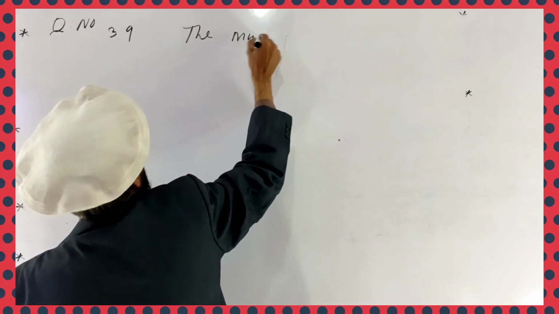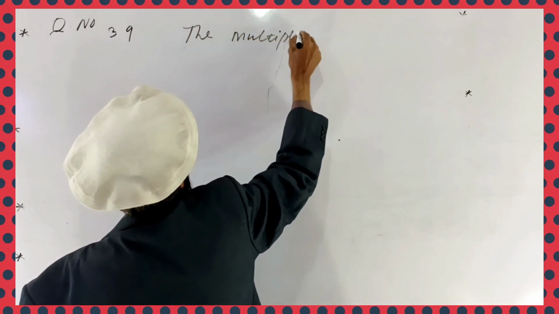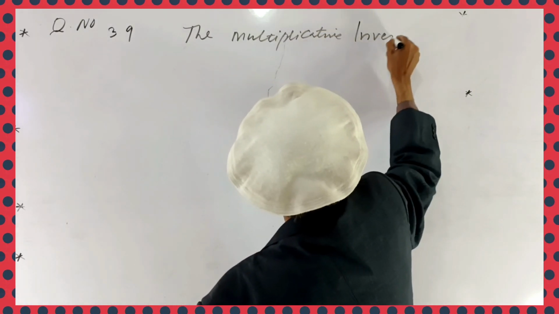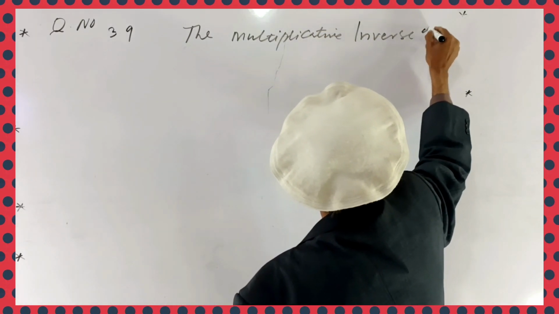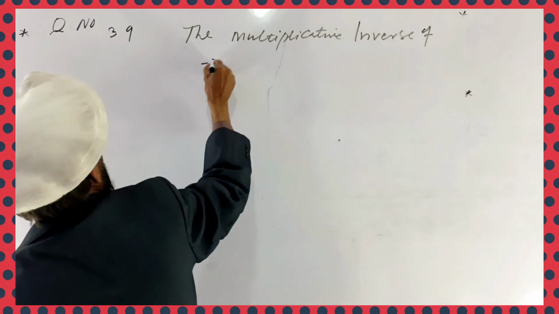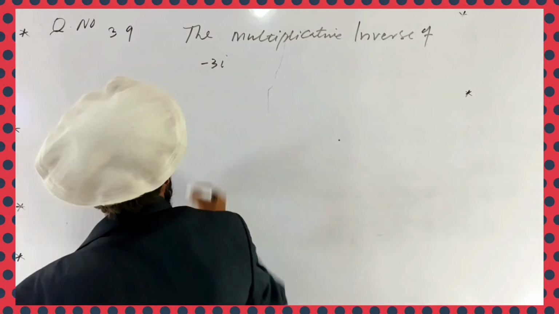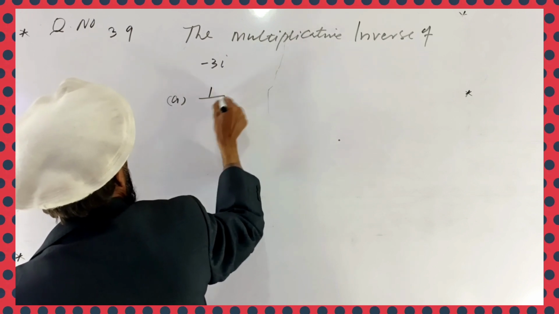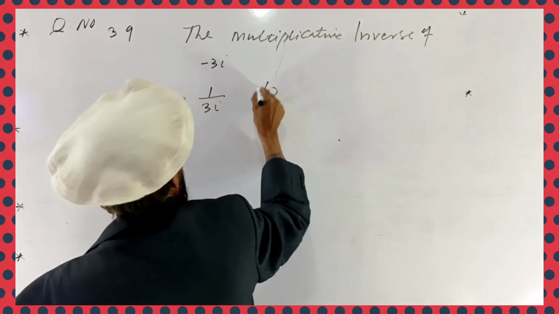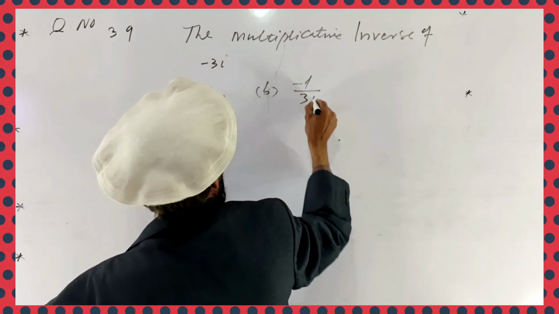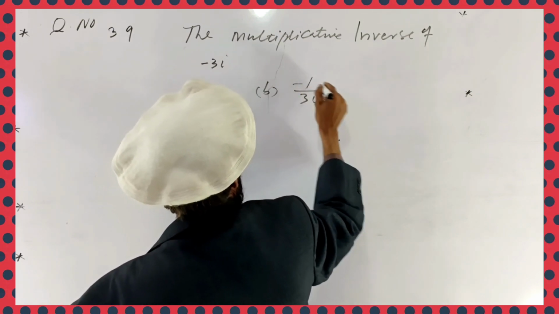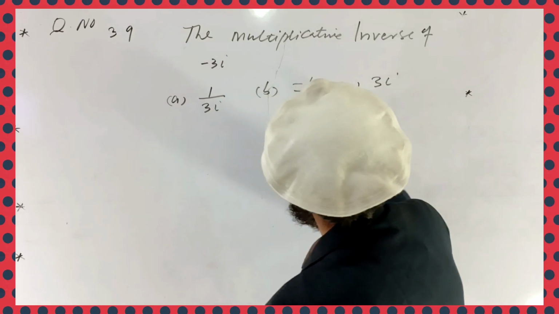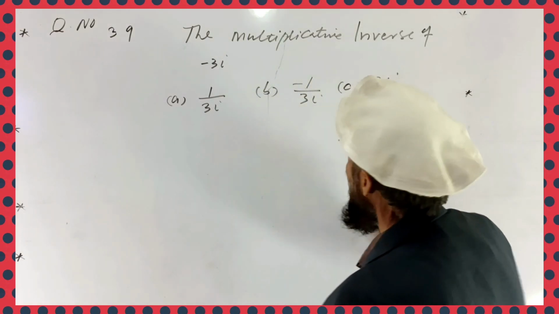The multiplicative inverse of minus 3 iota. So the correct answer is A, 1 divided by 3 iota. B is minus 3 iota, C is 3 iota, D is minus 3 iota.